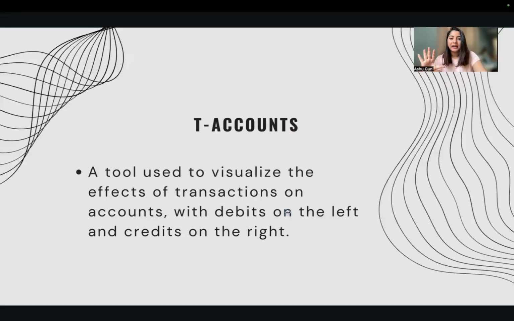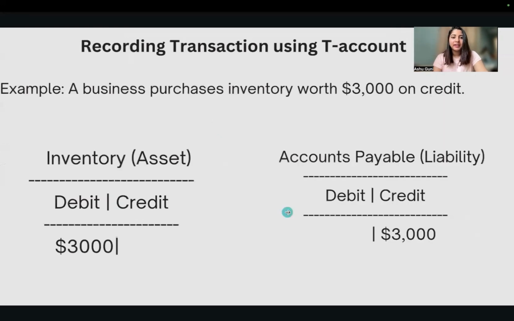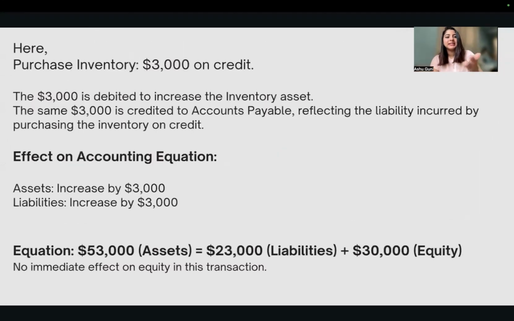We also have something called T accounts, which is a tool used to visualize the effects of a transaction on accounts, with the debit on the left side and credit on the right side. I have given one example of recording a transaction using a T account in the double entry system. If a business purchases inventory worth $3,000 on credit, then $3,000 is debited to increase the inventory asset.